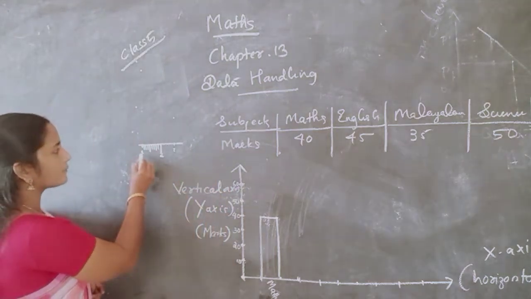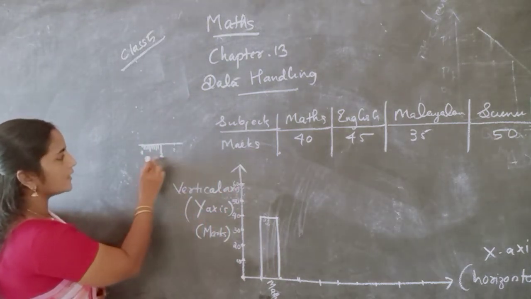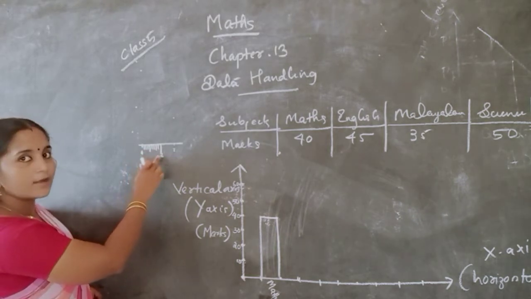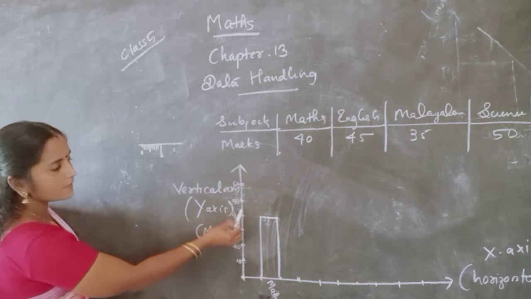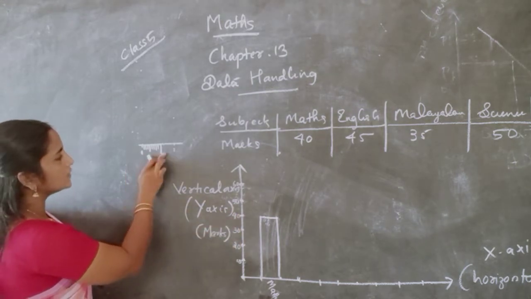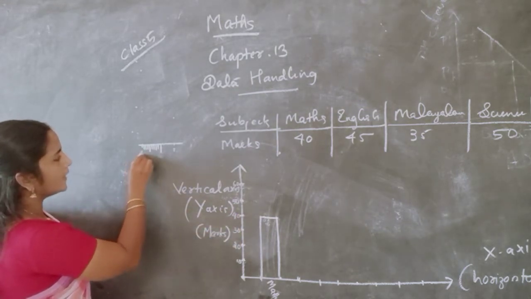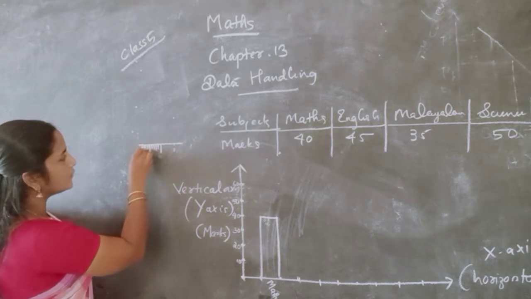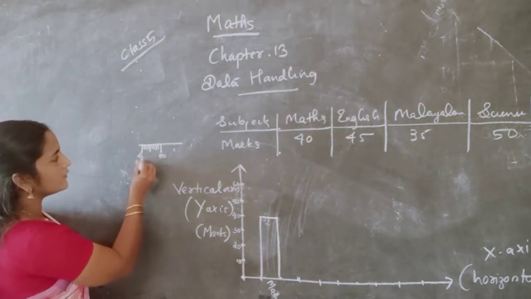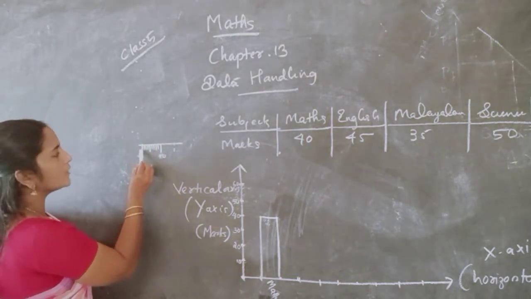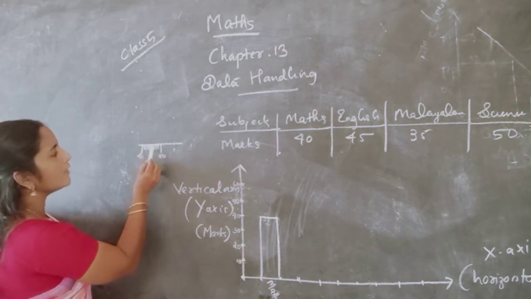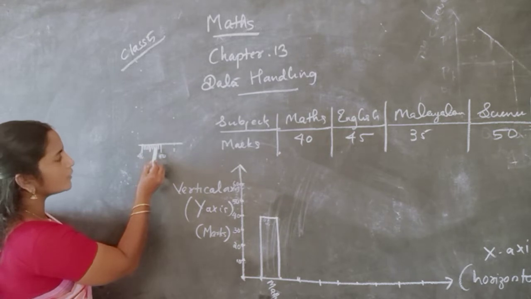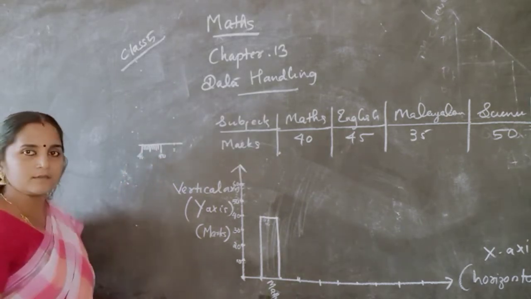In your scale you see these small lines, each representing 1 millimeter. Here we mark 40 and 50. So this one is 40 and this line is our 50. Between 40 and 50 we have 41, 42, 43, 44, 45, 46, 47, 48, 49, 50.